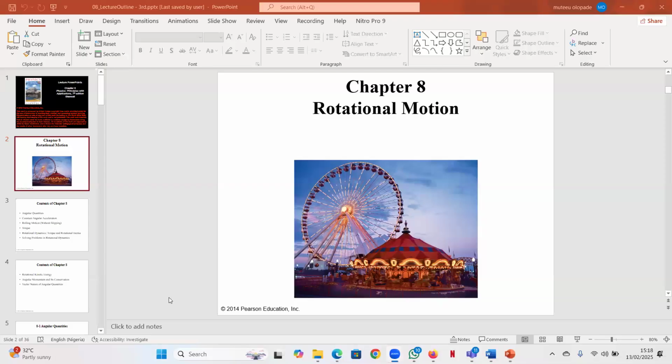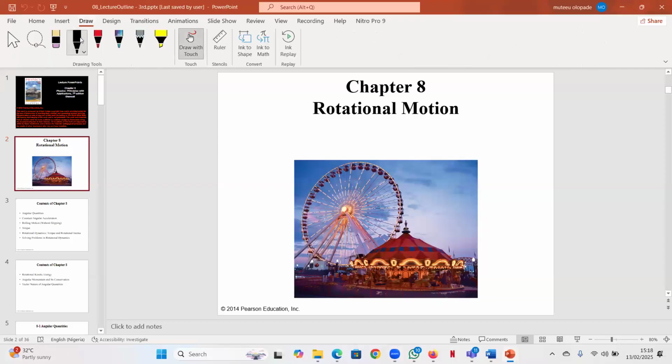Now we have moved on from circular motion to rotational motion. They are almost similar. If you remember, for circular motion we discussed centripetal force and centripetal acceleration.